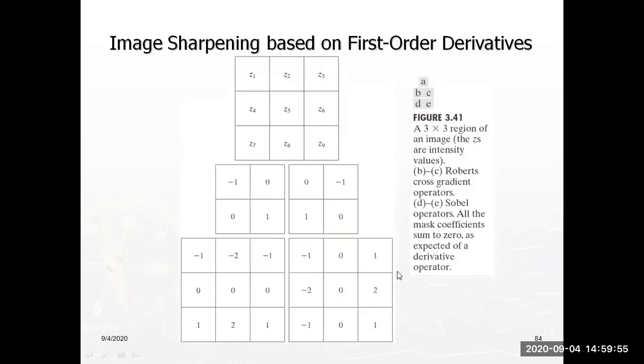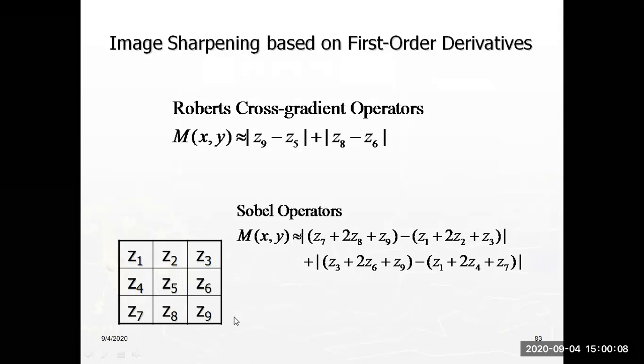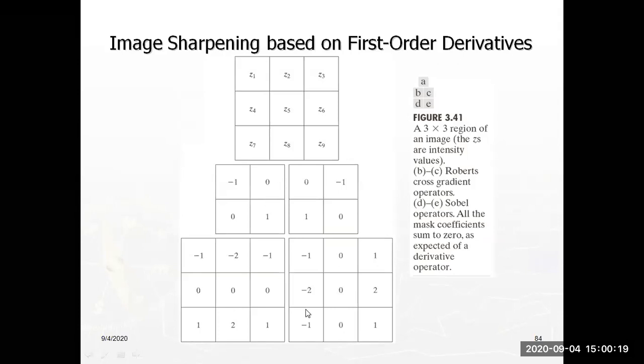In the Roberts operators there are only 4 coefficients, but in the case of the Sobel operators there are 3 by 3. So the expressions will have coefficients 1, 2, 1, and so on, but here how many coefficients? 1, 2, 3, 4, and the remaining are 0.